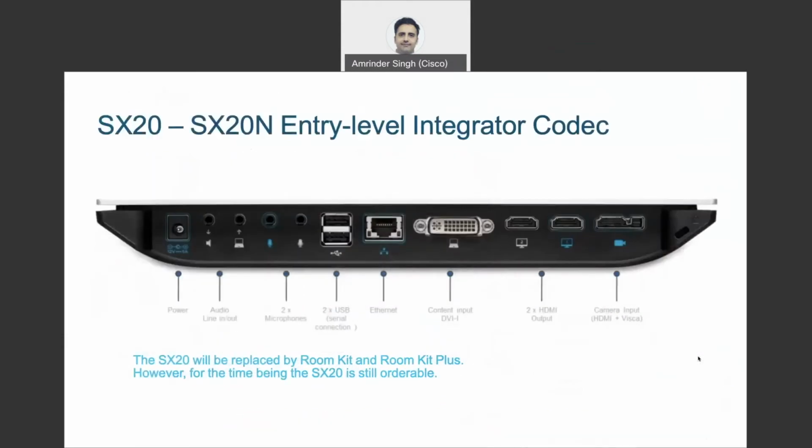Okay, let's talk about the first codec, which we talked a little bit about earlier also. SX20, it's an entry-level codec. It was a replacement for C20 of the legacy setup. The difference between C20 and SX20 is that it supports hardware, it is a small unit which was from the 10-bug family. It supports CE, it supports TC. When you run TC on this codec, you can have a TRC5 or 4 remote control, which will work.